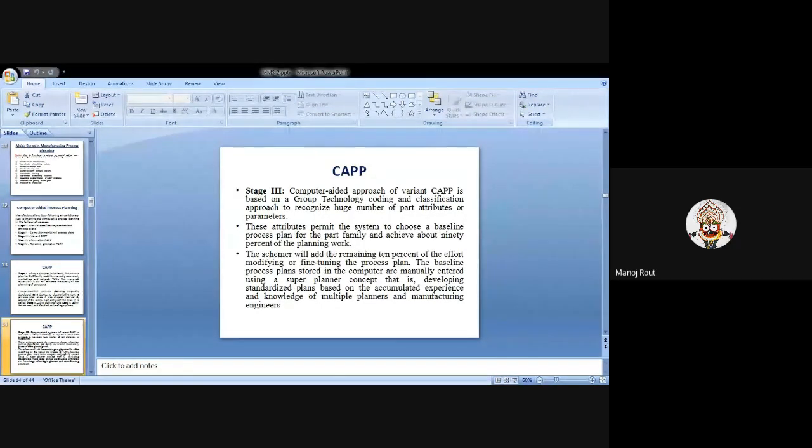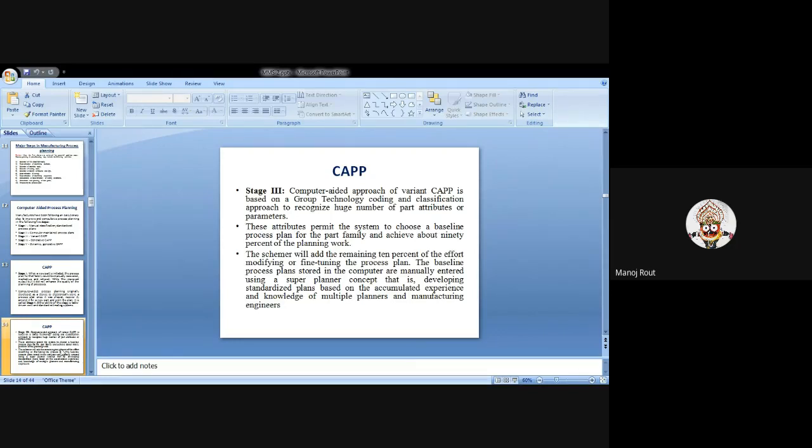In this stage, the approach of variant computer-aided process planning is based on group technology, which includes coding and classification to recognize a huge number of attributes and parameters.